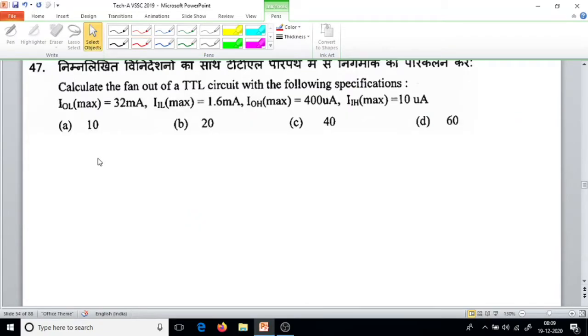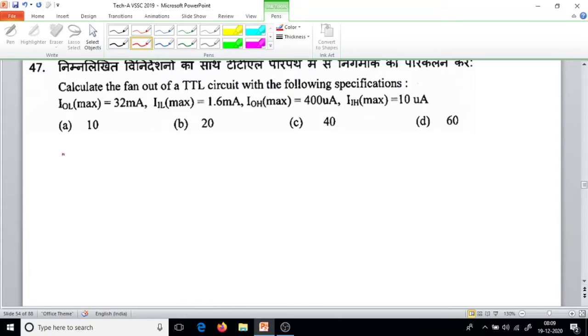Question number 47. Calculate the fan out of a TTL circuit with the following specifications: IOL max 32 milliamps, IIL max 1.6 milliamps, IOH max 400 microamps, IIH max 10 microamps.